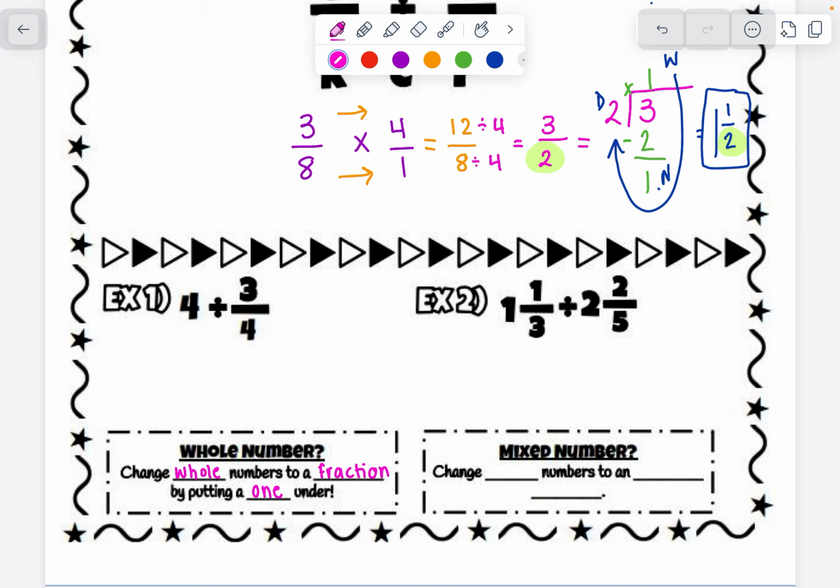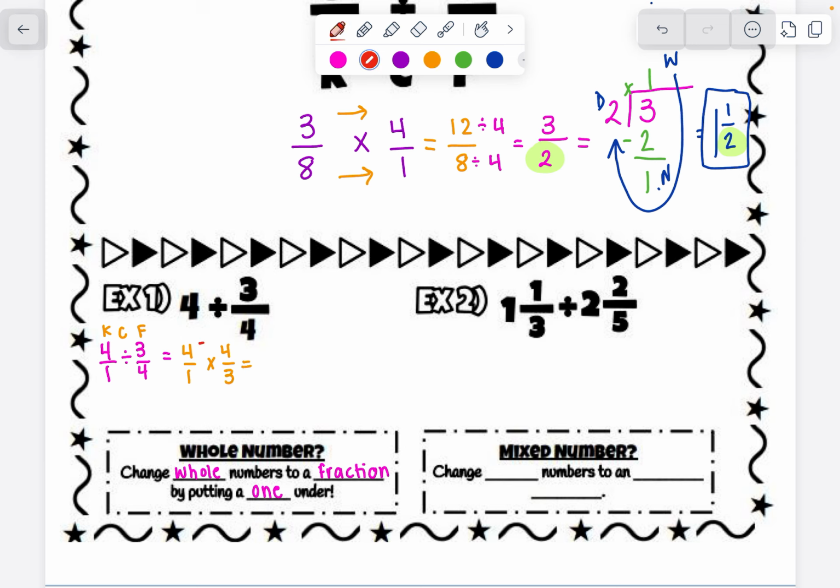So if I'm going to rewrite it, I'm going to write 4 over 1 divided by 3/4. Now, I can't just do straight across division. I have to do keep, change, flip. I keep 4 over 1. I change division to multiplication. I use the reciprocal, or I flip, to be 4 over 3.